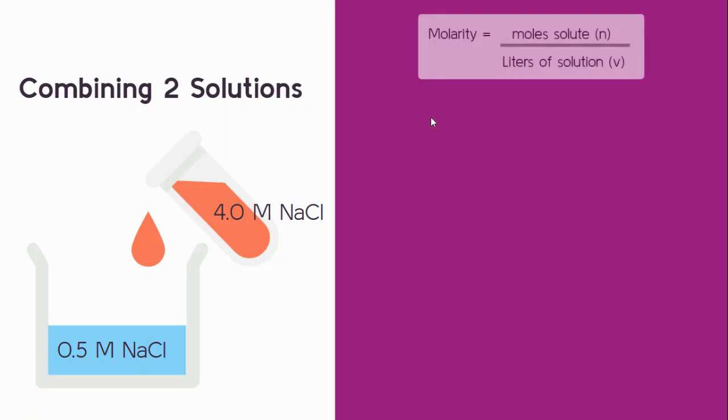That is what we're going to cover today. So when you combine two solutions, let's go back and review the molarity calculation that says that molarity is equal to moles of solute divided by liters of solution.